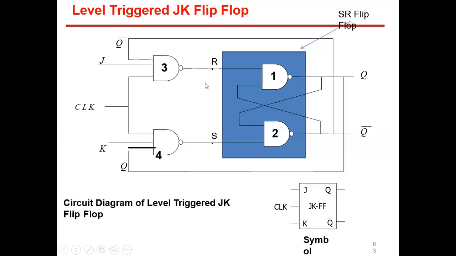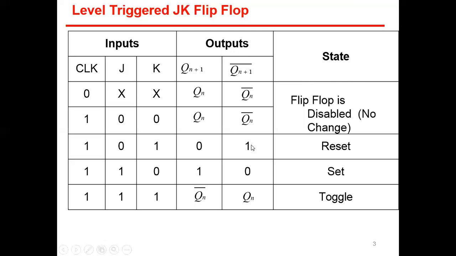If the previous state is Q equal to 1 and Q bar equal to 0, then S dash will be (1 dot 1 dot 1) whole bar, equal to 0, and R dash will be (0 dot 0 dot 1) whole bar, so R dash will be 1. So here we are providing S equal to 1. You can say it is one kind of reset state.